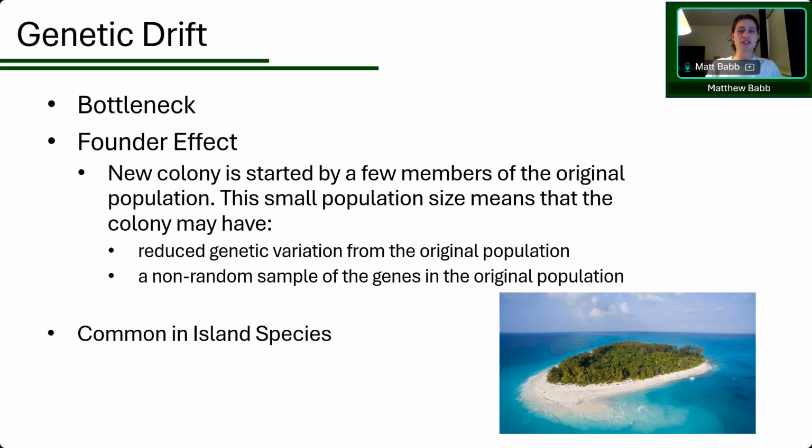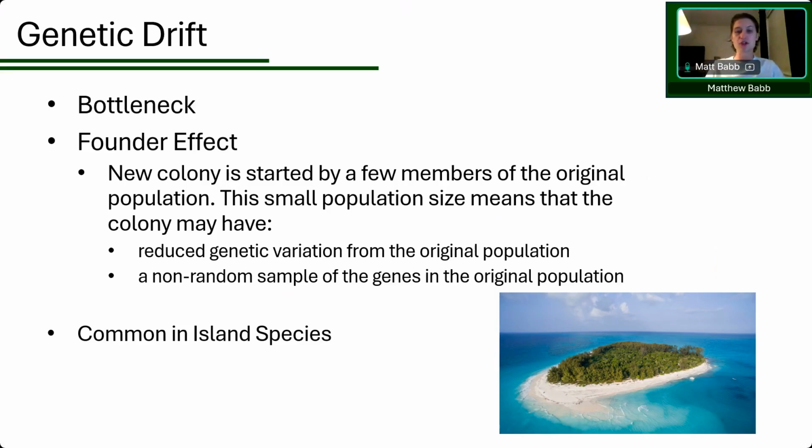This small population size means that the colony may have reduced genetic variation from the original population, and specifically in terms of evolution, a non-random sample of genes from the original population. This is, like I said, very similar to the bottleneck. But essentially, you're getting a small sample, and instead of it going through some sort of environmental or human-made impact, it's individuals colonizing a new area.